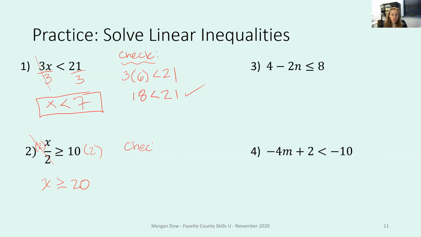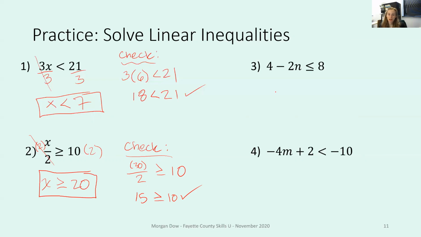Let's pick a number that's greater than or equal to 20. Let's do 30. So 30 divided by 2, that should be greater than or equal to 10. So 30 divided by 2 is 15, which is greater than or equal to 10. So that works. That means our solution was correct.